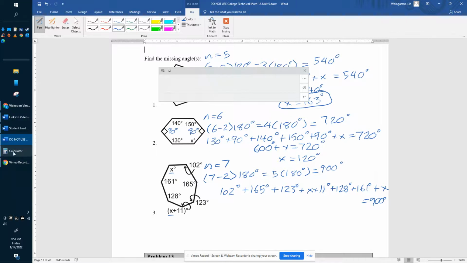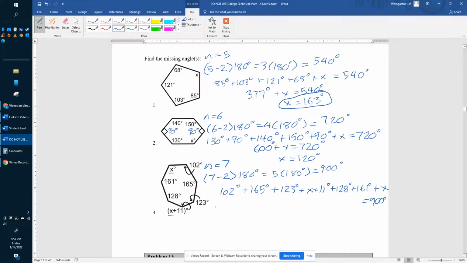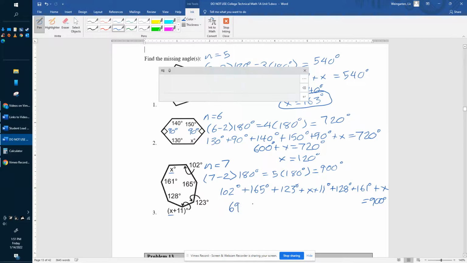Let's combine like terms. We get 690 degrees plus 2x, because we have this x and we have this x, equals 900 degrees.